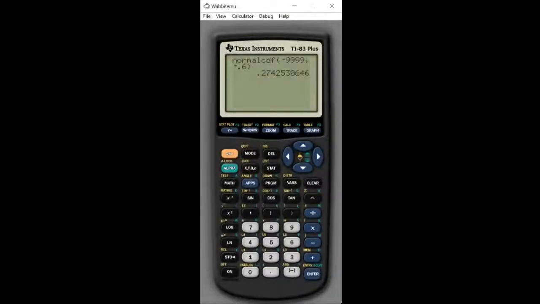I'm going to go second, vars, I'm sorry, and normal CDF, and 0.86, comma, and then a whole bunch of 9s. And these values are the ones where I'm going to do 4 decimal places. So 0.1949 would be my answer, right?